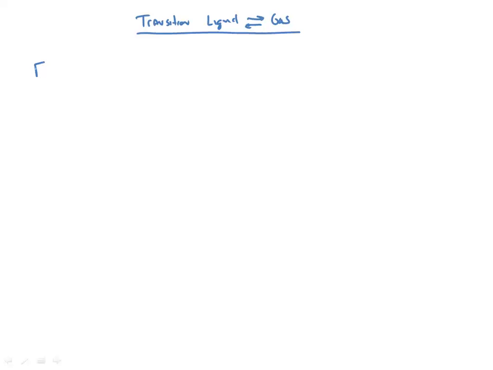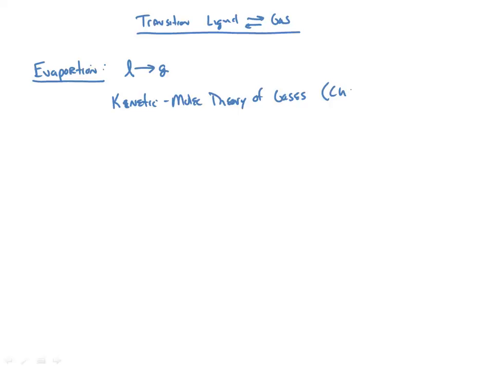Remember, that was what we called evaporation, and that's the process of going from a liquid to a gas. And we can explain this using the kinetic molecular theory of gases. But that's from chapter 9, so we're going to delay that.